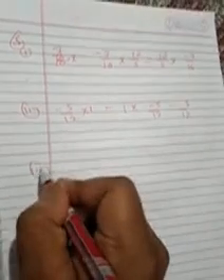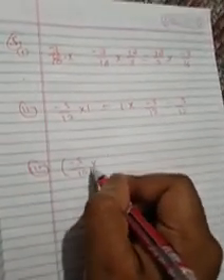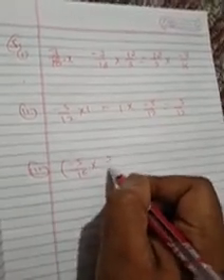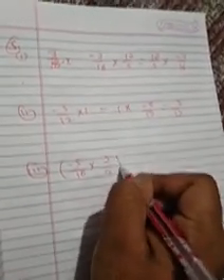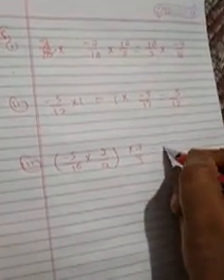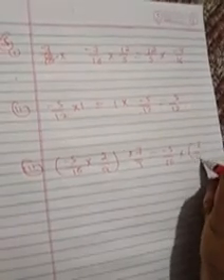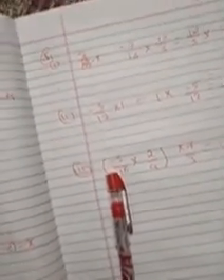Third part, minus 5 upon 16 into 2 upon 9 into 7 upon 3 is equal to minus 5 upon 16 into 2 upon 9 into 7 upon 3. Now we have to name the property of multiplication illustrated by the following.